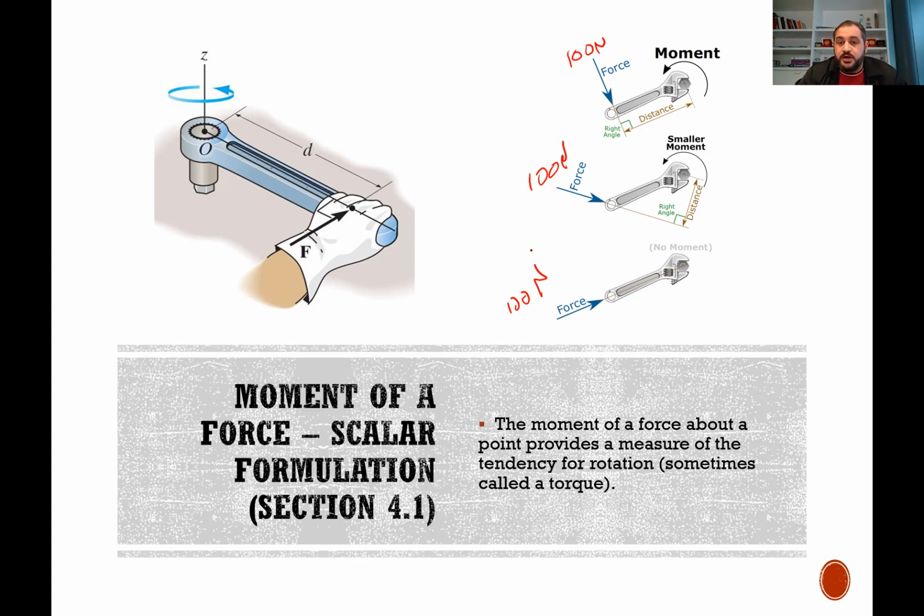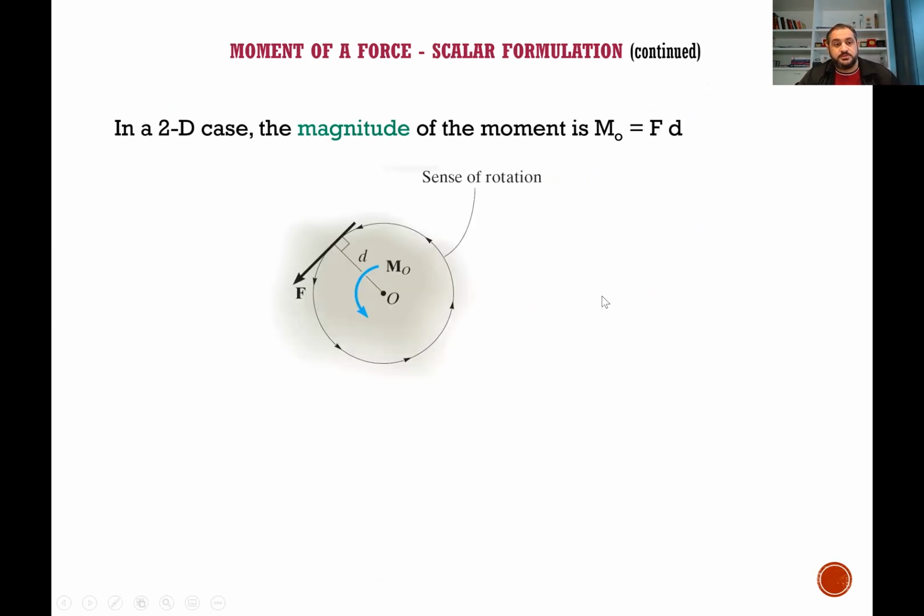In the first case, we have 100 times the distance, which gives us 100 D. In the second case, we have some declination here, and the only component that causes moment is the vertical one, while the one that goes through the point of rotation will have zero moment. We will talk more about this, just the beginning, the ABC of this chapter.